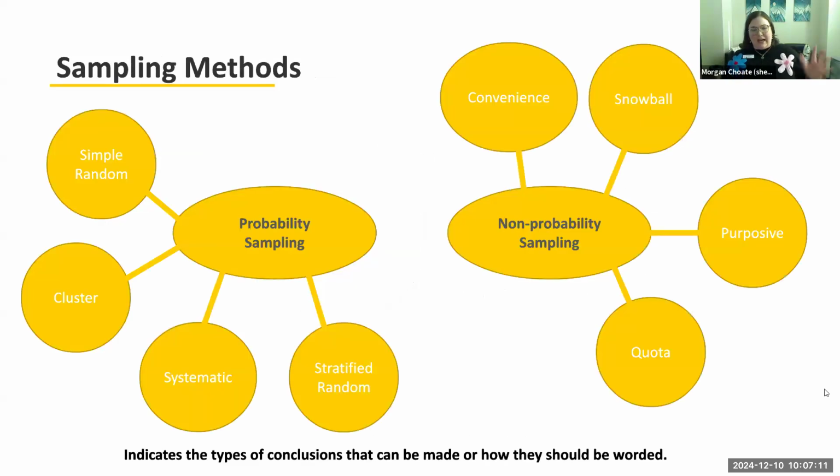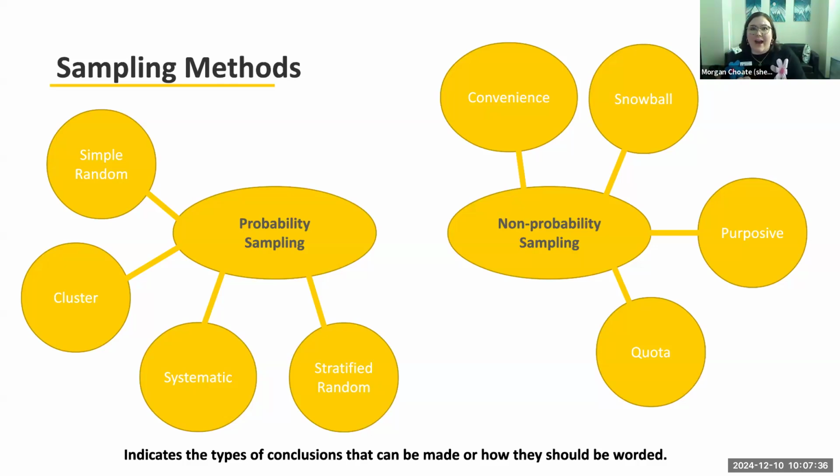Now, I mentioned that samples are taken from different sampling methods. They usually fall into two different categories. We refer to them as probability sampling or non-probability sampling. The word probability basically just refers to, is every person or every object included in your sample equally likely to be chosen?